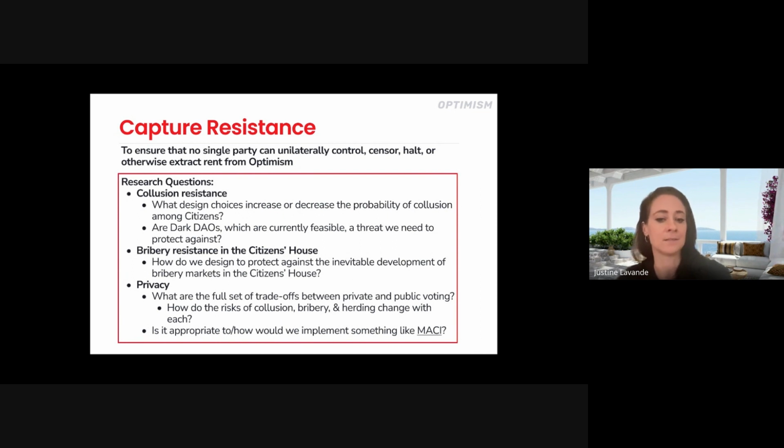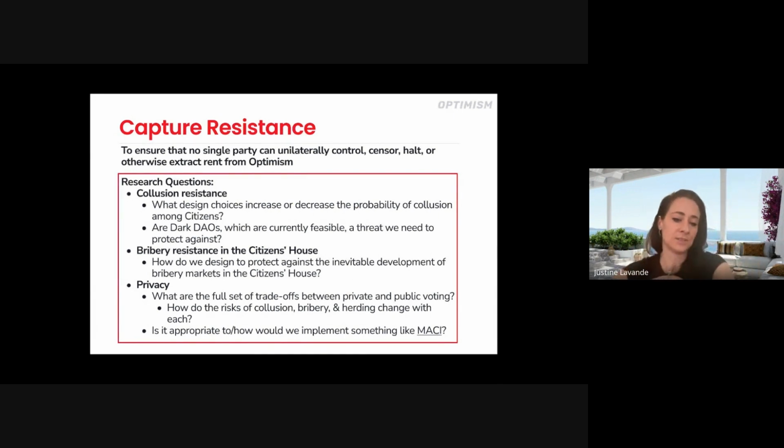It doesn't mean that DAO voting should always be public or Retro PGF voting should always be private, right? There should be a framework to think about when public and private voting makes sense and what the trade-offs are in terms of the impact on collusion, bribery, herding, and other things with each.